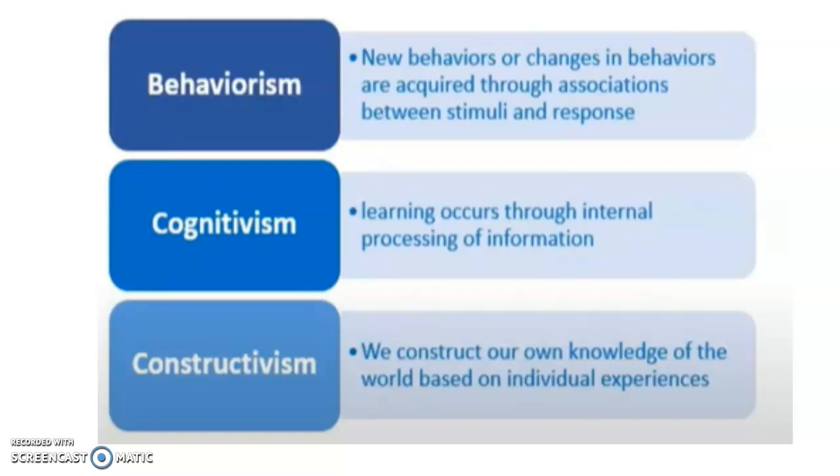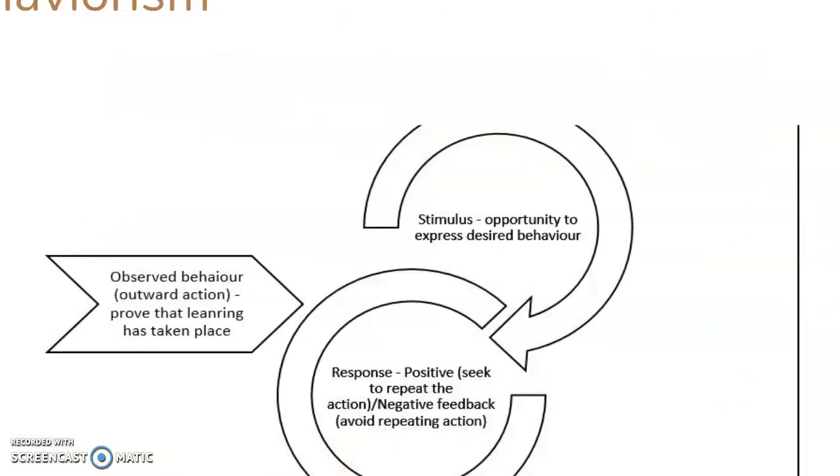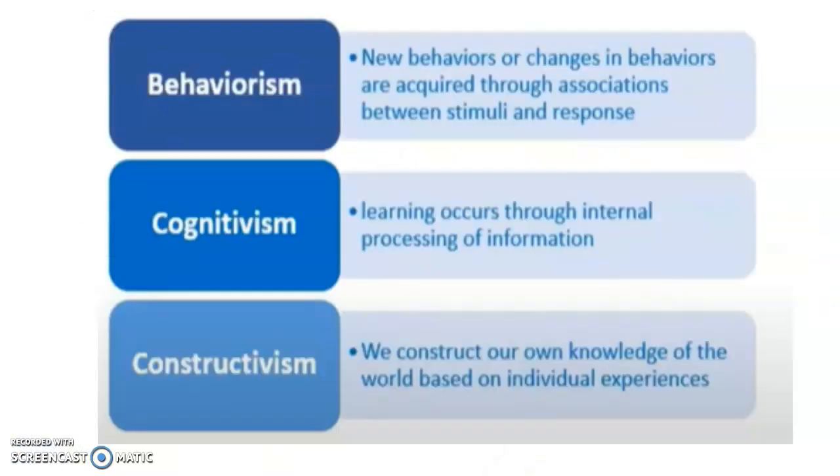In cognitivism, learning occurs through internal processing of information. In this learning technique, we look at the human brain as if we are looking at a computer. And the last one, constructivism: we construct our own knowledge of the world based on individual experience. In this theory, mainly the learners will be responsible for their learning process.